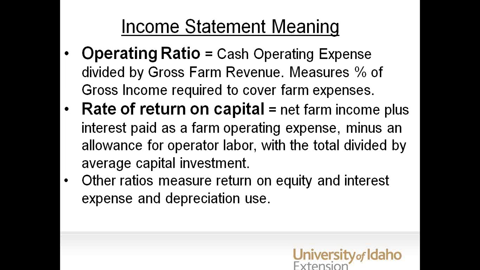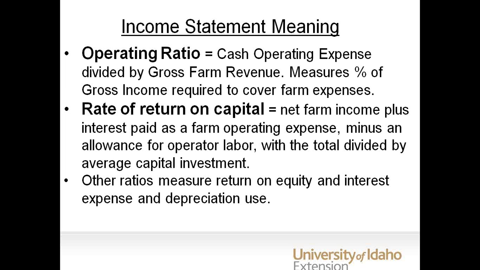And another one, an interesting one, is net return on capital. It takes the net farm income and then adds back the interest paid, because that's a return to investment, adds that back into the total and takes out an allowance for labor, the owner's labor, and then that resulting figure is divided by average capital investment or average asset value.